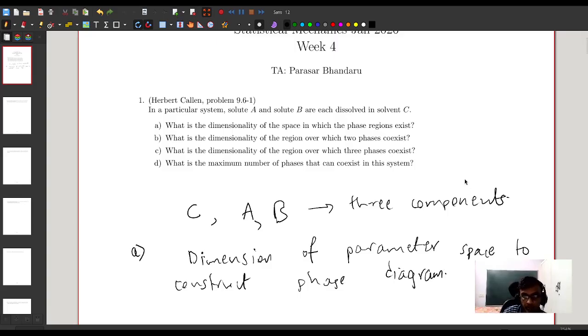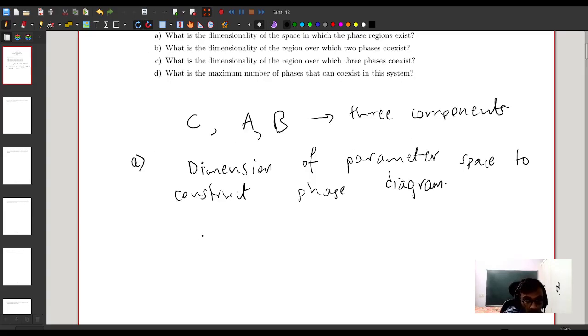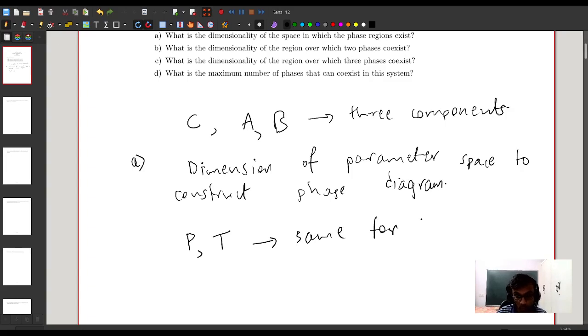So let's try to list what quantities are there. Of course the pressure and the temperature of the system must be specified. So these are two variables, and these two are the same for all the components, for thermal and mechanical equilibrium to hold.